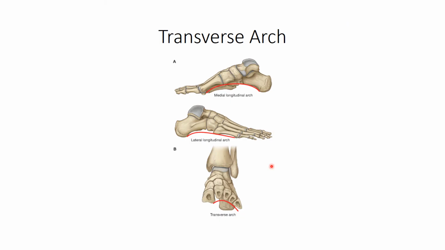The transverse arch is actually half of an arch in a foot, and this portion involves the distal portion of the tarsals and the adjacent portion of the metatarsals. So it involves the medial, intermediate and lateral cuneiform and the cuboid and these five metatarsals.